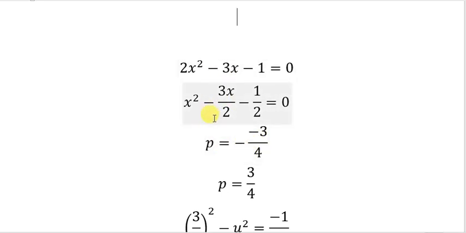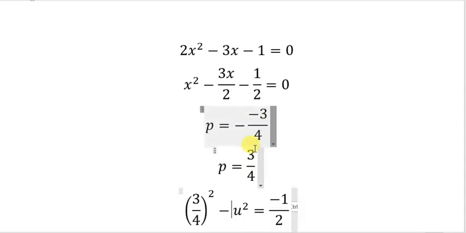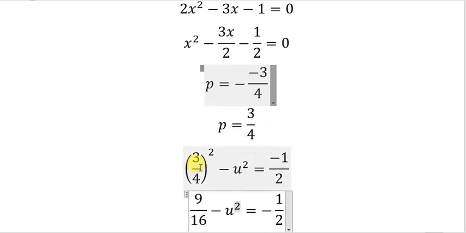Now 3 over 2 divided by 2 will give us a positive 3 over 4 because the negatives will work themselves out. Getting that value, we then put 3 over 4 into this setup, where we have 3 over 4 squared minus u squared equals -1 over 2, because the value of c was -1 over 2.